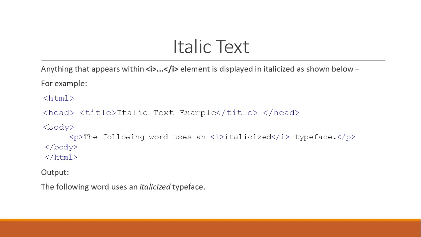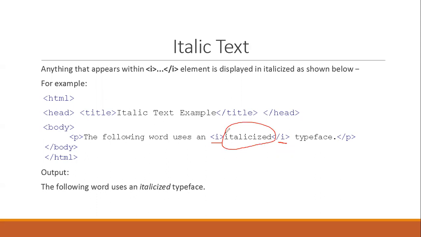So how are we going to use italic text? We are going to use italic text by the I symbol, and it should also be closed. So whatever is inside the I symbol will be italic.